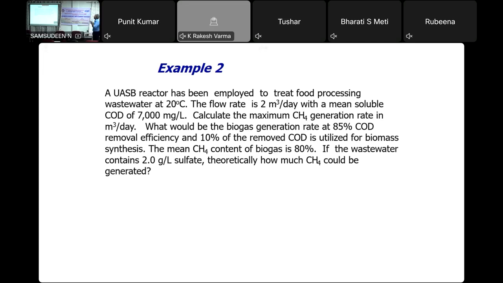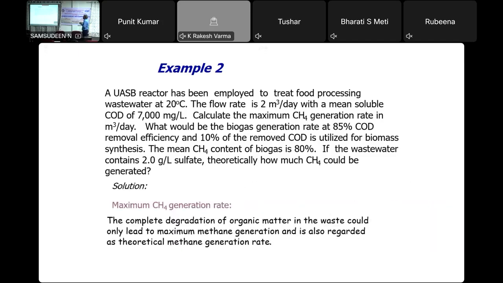Now let's try to solve this question. Let's go next step. All right. The solution, the maximum methane generation rate: the complete degradation of organic matter in the waste could only lead to maximum methane generation and is also regarded as theoretical methane generation rate. Okay, so when you understand the degradation is complete, there are no metabolites, right?